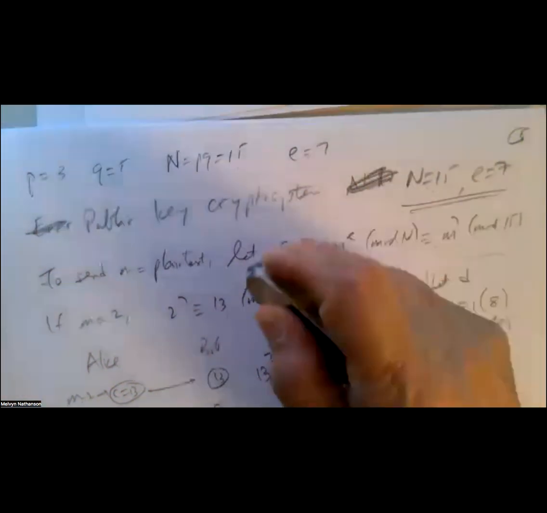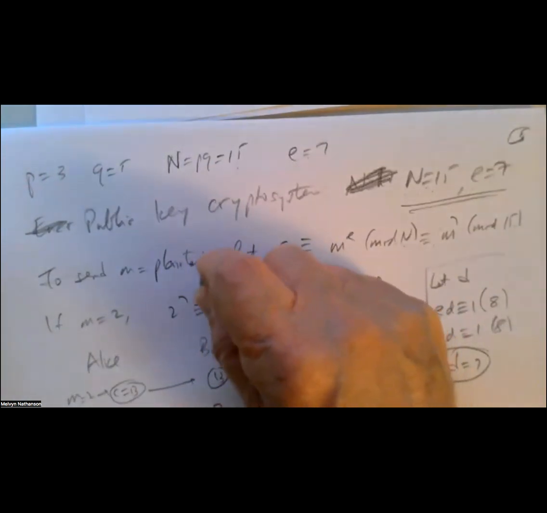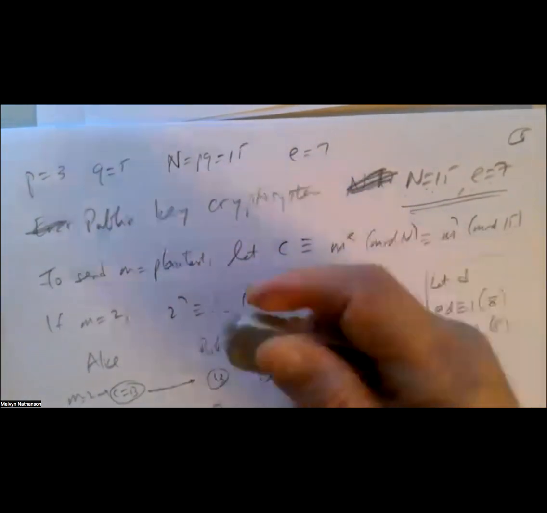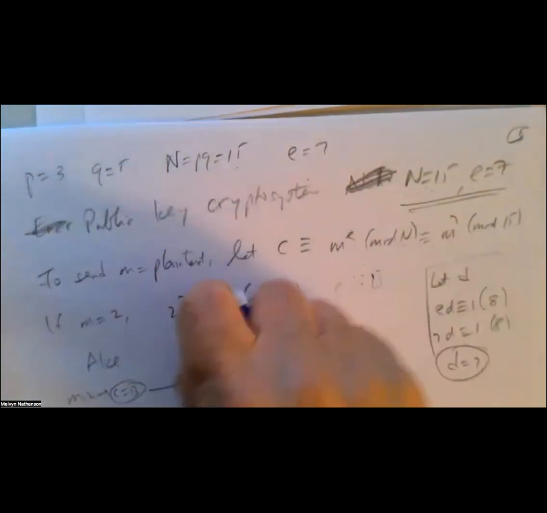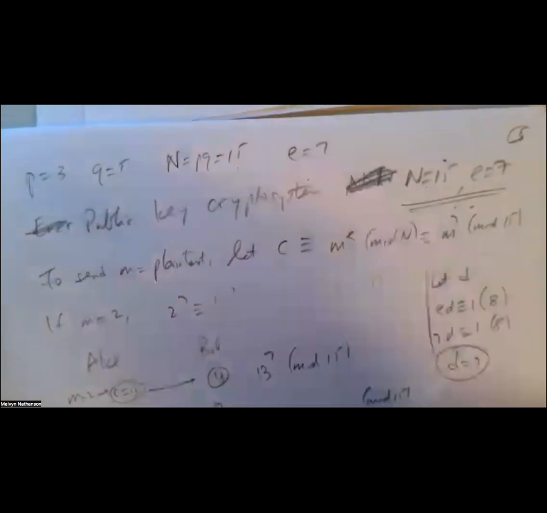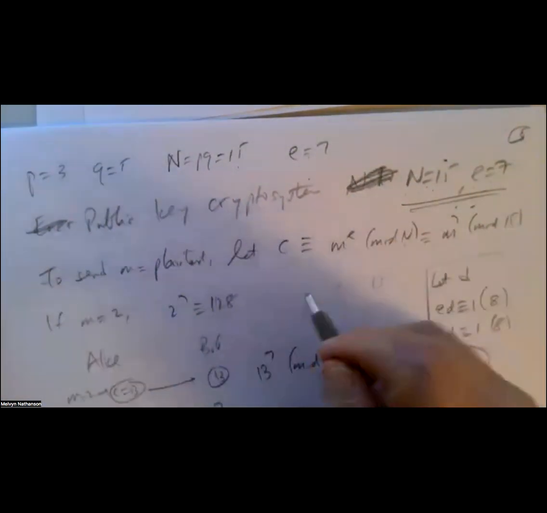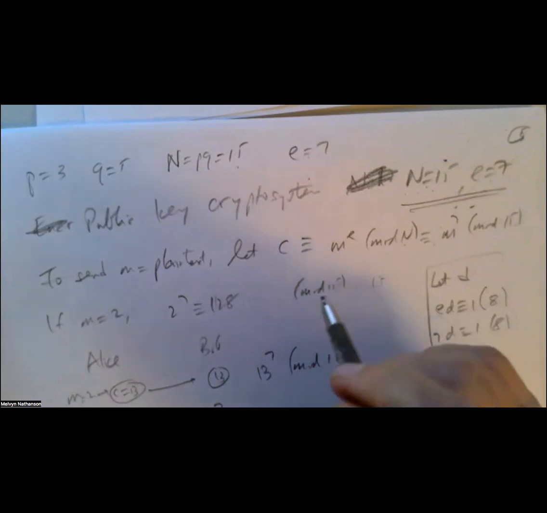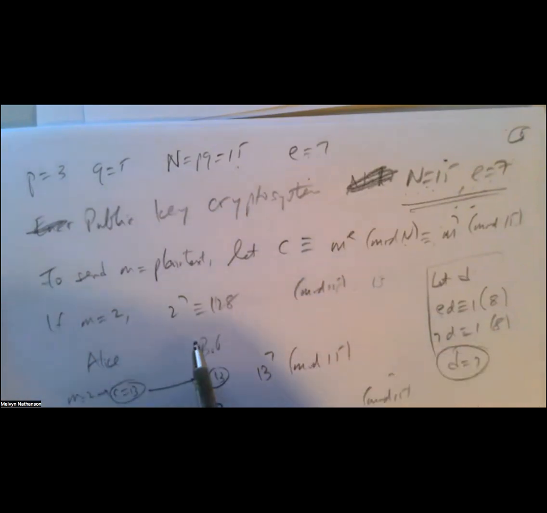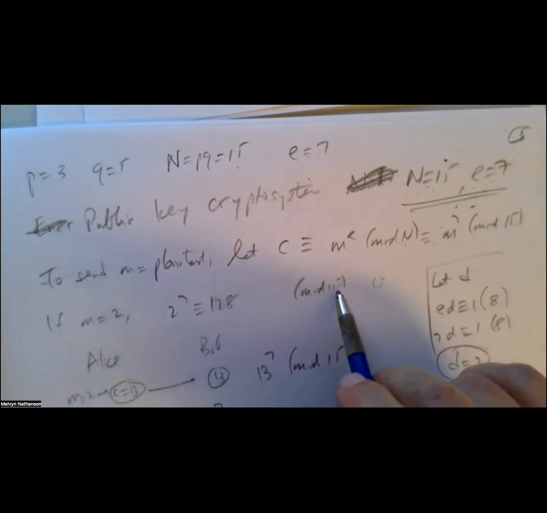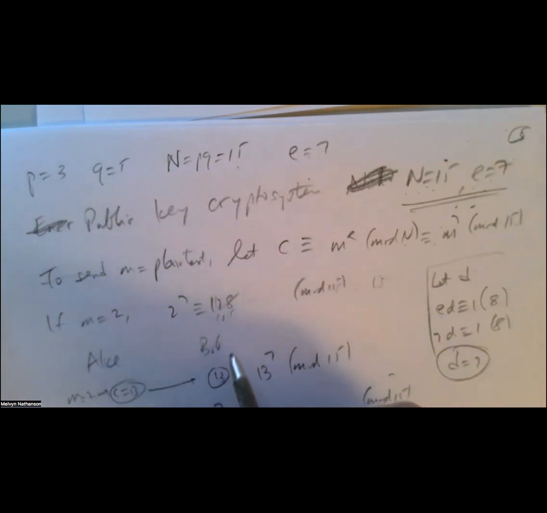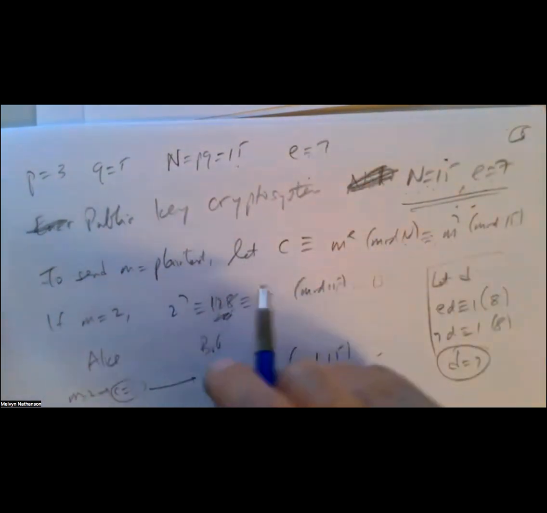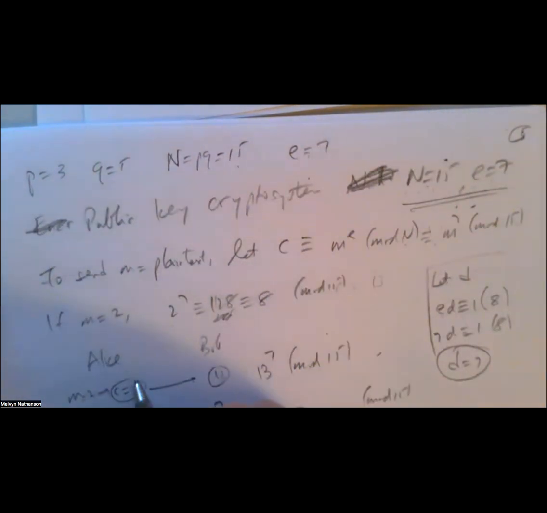Oh, I think I did this wrong. 128 mod 15 is, let's see, 7 times 15 is 105. 8 times 15 is 120. This is 8 mod 15. So that's the ciphertext. The message that Alice transmits to Bob is 8.